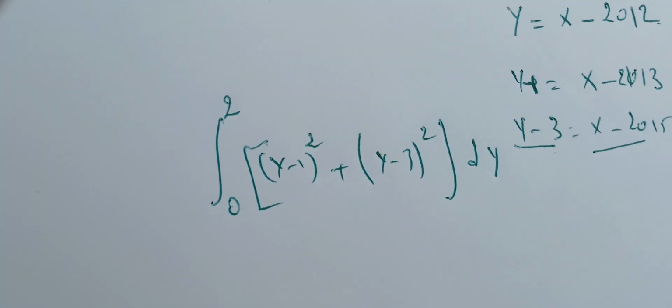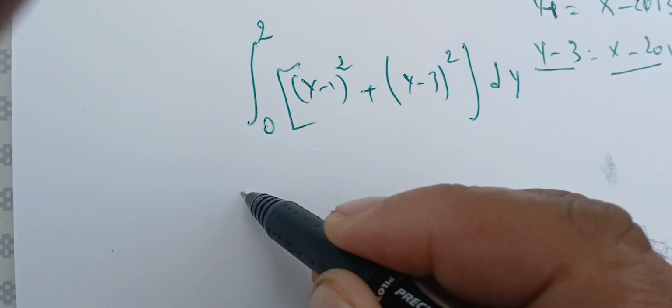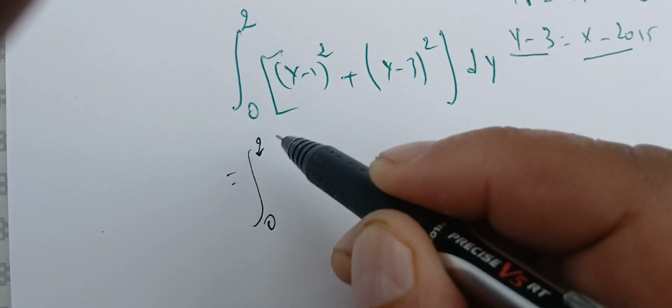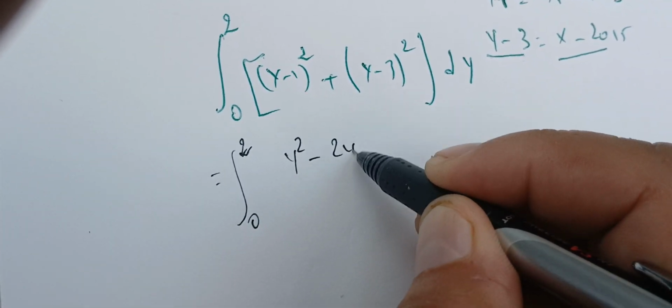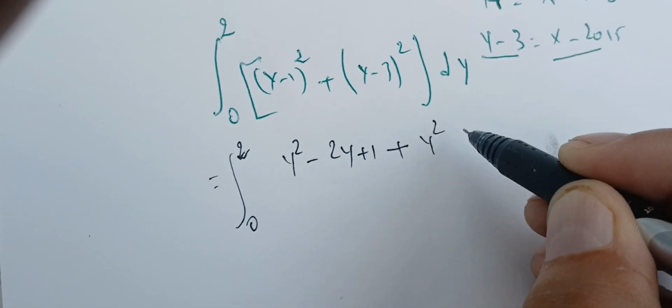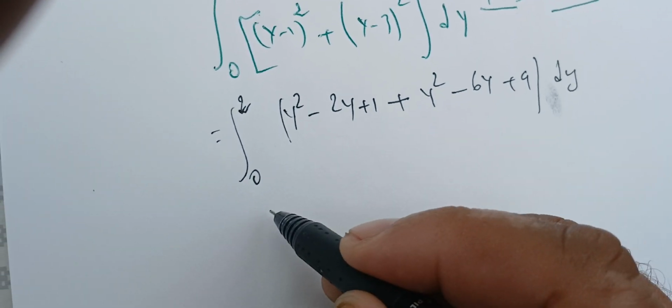So therefore, we can evaluate this one here. We don't need to compute a lot, so we're going to expand these squares. We get y squared minus 2y plus 1 plus y squared minus 6y plus 9, dy.